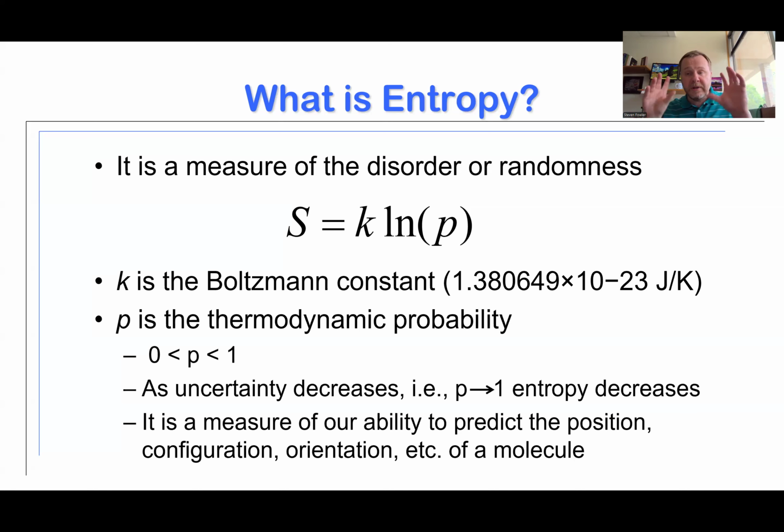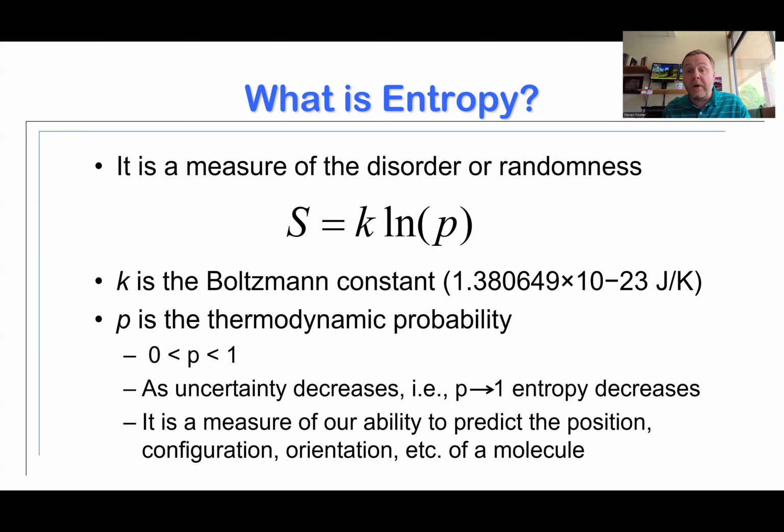If we can completely predict what it's doing, that's a thermodynamic probability of 100% ability to predict what a molecule is doing and where it's going to be. A zero is there's zero chance we can predict exactly what a molecule is going to be doing and where. So as the molecules become more and more chaotic, as they tend towards that gaseous phase, then our ability to predict what they're doing becomes less.